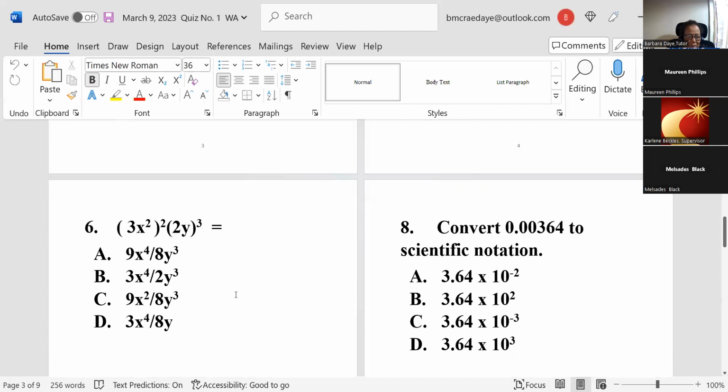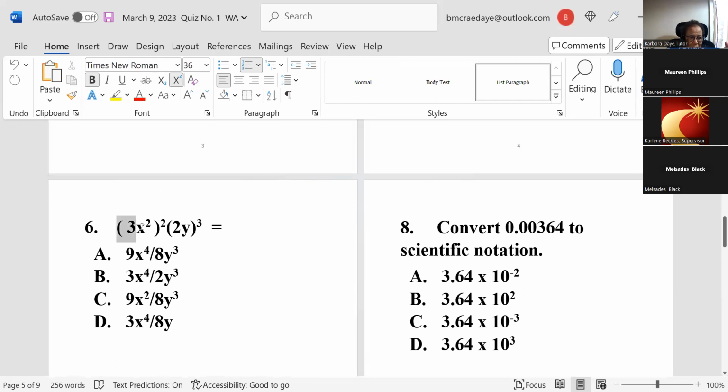What does that 2 mean for 3x to the second? You multiply this whole thing, 3 two times. That's right. Maureen knows that the power of 2 applies to both the 3 and the x squared.